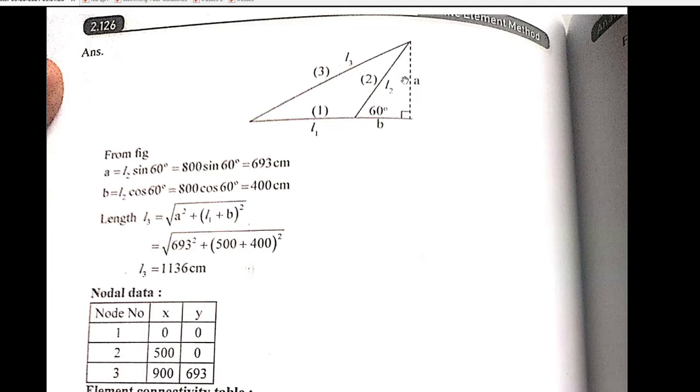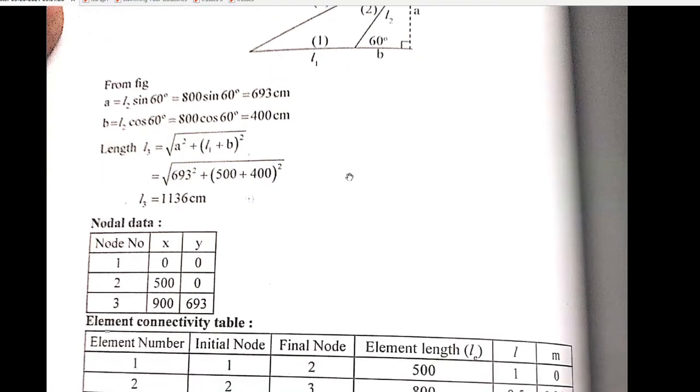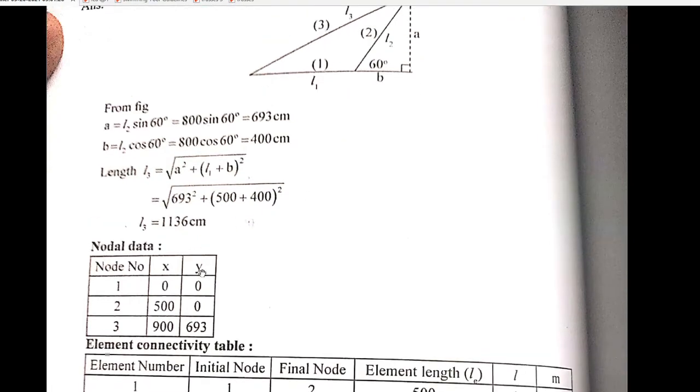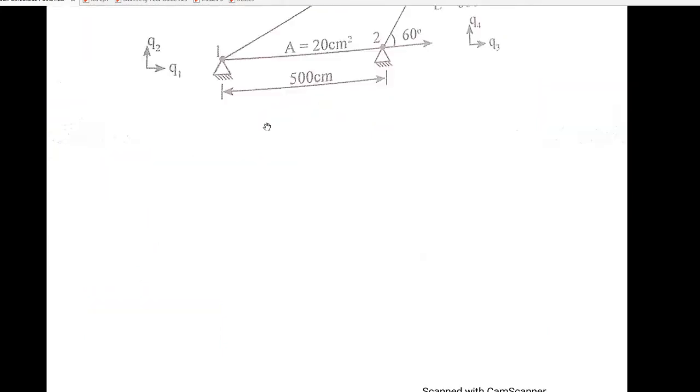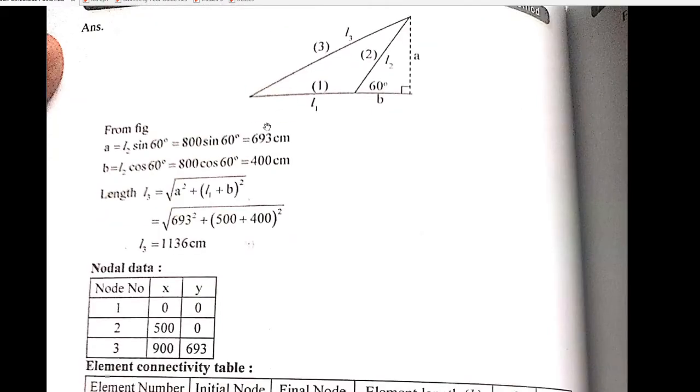The next steps are all the same. Now all of you write the FEM model for this figure. Here are element 1, element 2, element 3, node 1, node 2, node 3.